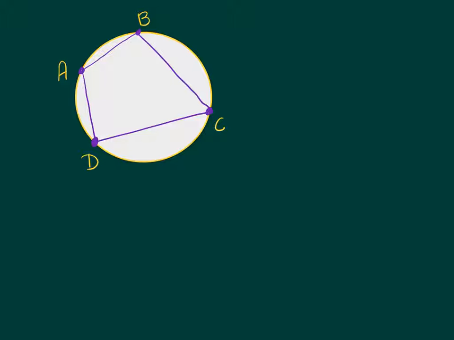If I have a quadrilateral inscribed, again, that means that all four vertices are on the circle, then the opposite angles are going to be supplementary.